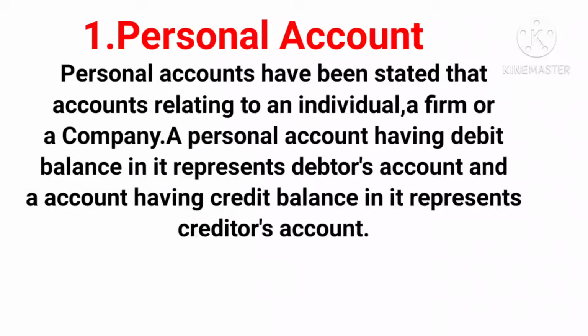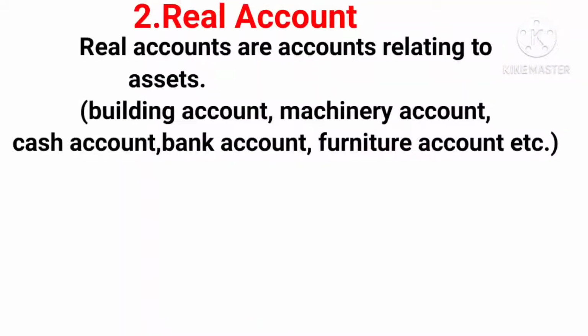Personal account has been stated that accounts relating to an individual, a firm, or a company. A personal account having debit balance in it represents debtor's account, and an account having credit balance in it represents creditor's account. Real accounts.